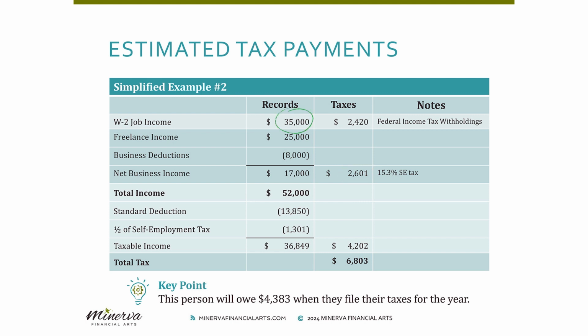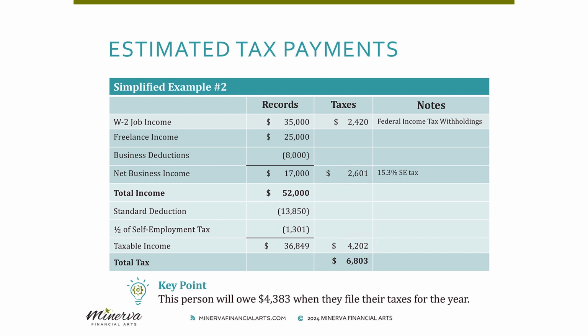Once we add their income to their W-2 job income for the year, their total income is $52,000, and after adjustments and that standard deduction, their taxable income is $36,849. When we run the numbers, their total tax for the year ends up being just over $6,800. That's the sum of their self-employment tax and that total taxable income amount.